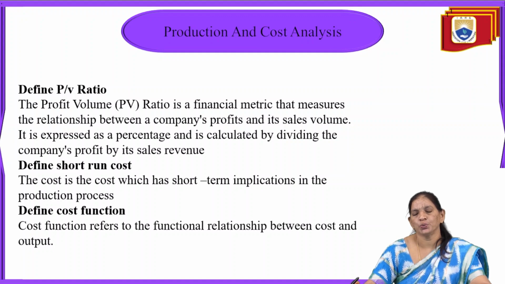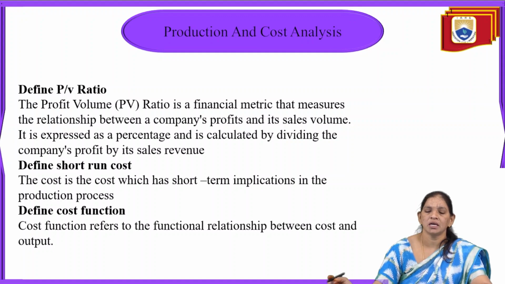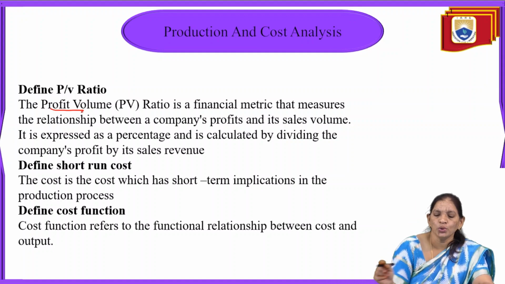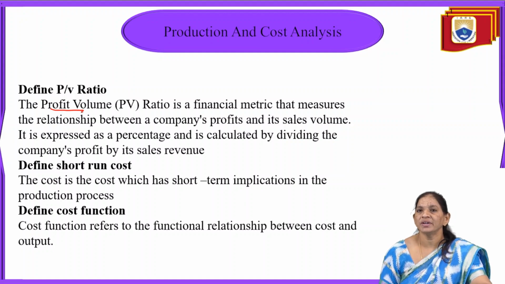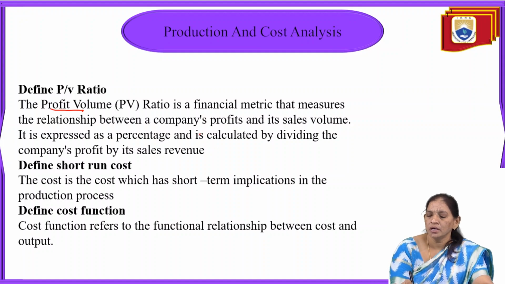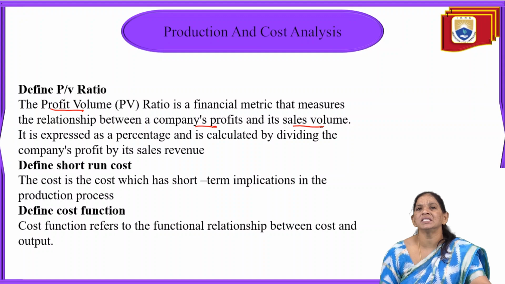Define PV ratio. PV ratio is termed the profit volume ratio. In financial terms, the metric measuring the relationship between the company's profits and sales volume is termed the profit volume ratio.